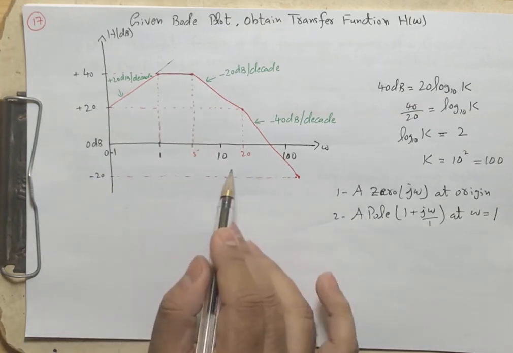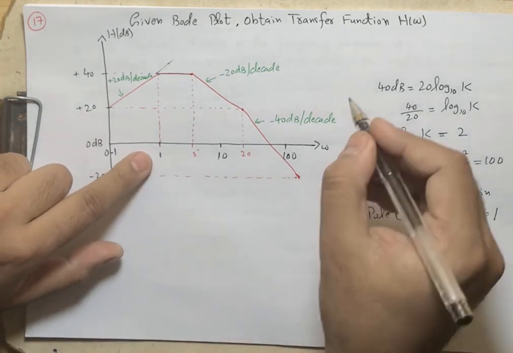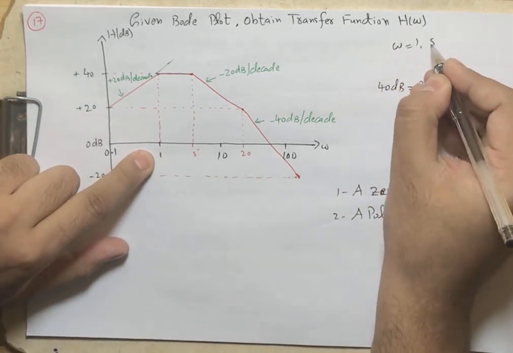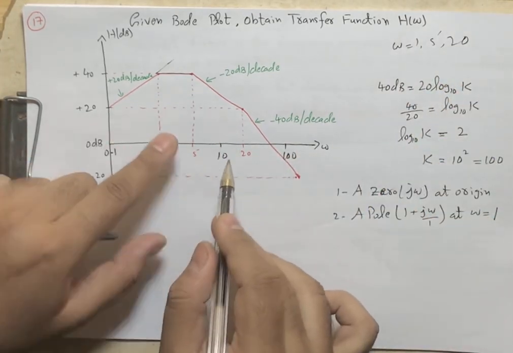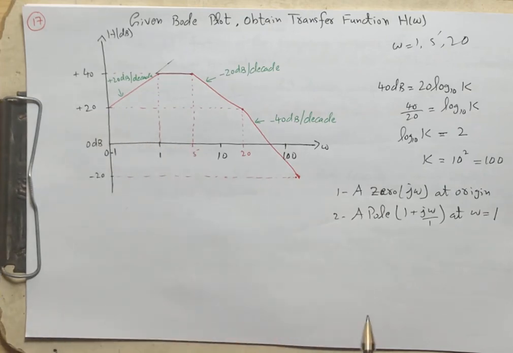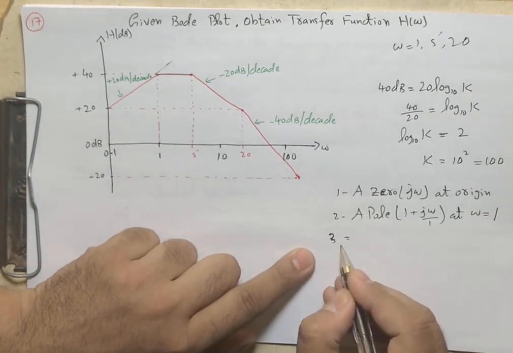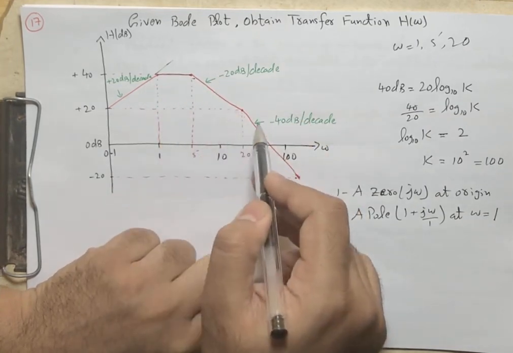So basically, if you observe, there are 3 corner frequencies: omega is equal to 1, 5 and 20. The slope is changing on these 3 corners. So again at 5, the slope which was 0 is again minus 20 dB.